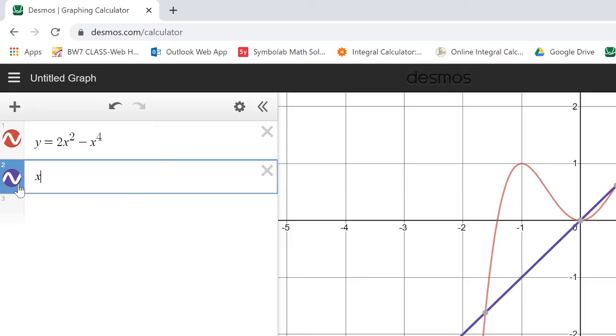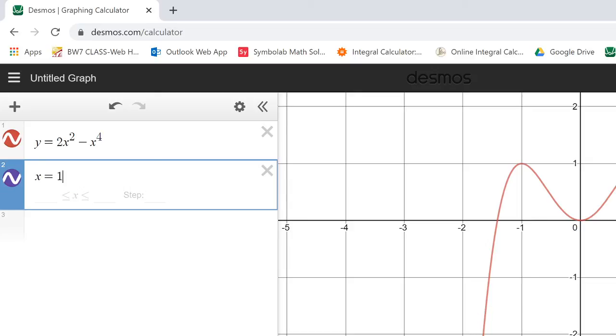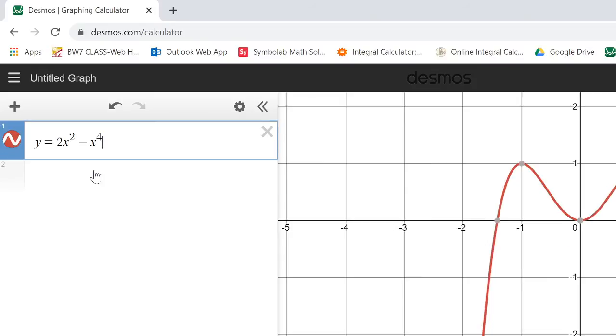If we think of any kind of vertical line, then it hits it at most once. So it is definitely a function. It's just not one-to-one. But I can restrict the domain here.